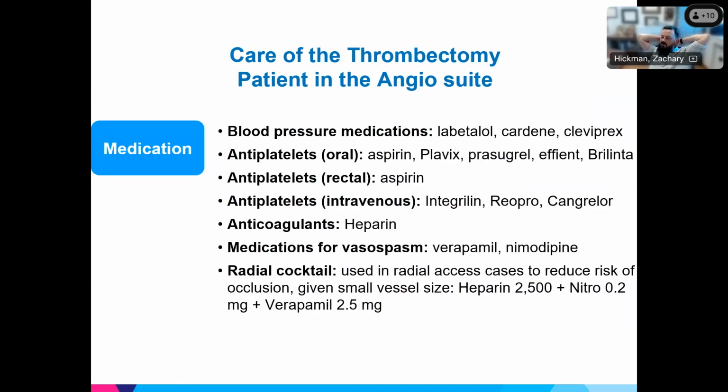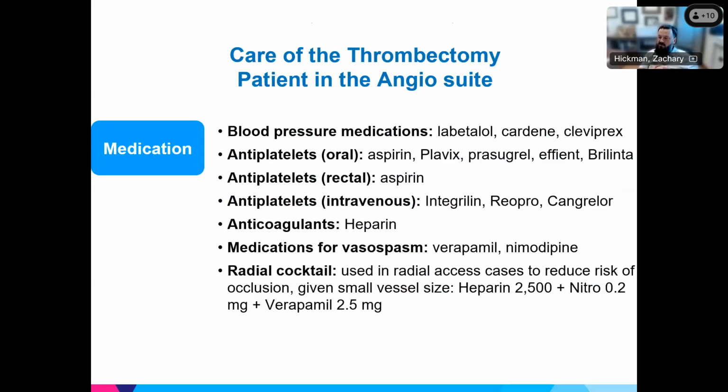So, when we give parameters for blood pressure, we really want them to maintain those parameters. It's not a suggestion to do like 100 to 140, where 150 is acceptable or 160 is acceptable. It really needs to be kept in that range, because you're trying to balance the risk of causing them to become ischemic, with too little blood to the brain, and then have a stroke despite all your best efforts, versus the risk of hemorrhage, which after a thrombectomy is actually higher than it was before.